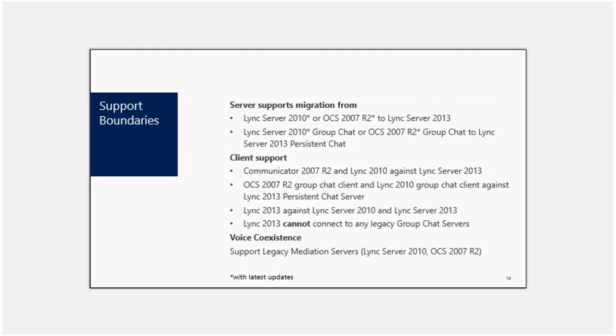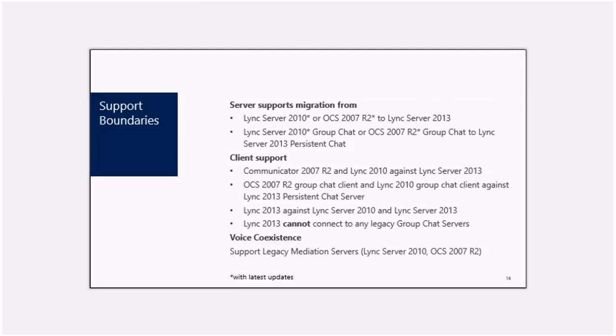From a client side, the Office Communicator client, the Lync 2010 client, and the Lync 2013 client will all work against Lync Server 2013. And the same thing for the OCS 2007 group chat and Lync 2010 group chat clients. Lync 2013 client will work in Lync 2010 or 2013.